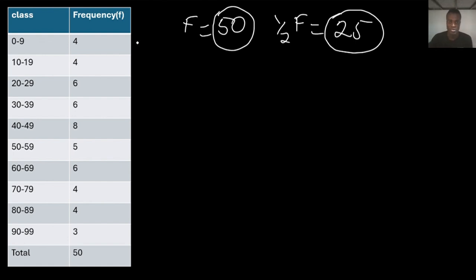So we enter the first one with 25, right? 25 minus 4 is 21, right? And then 21 minus 4 is going to give us what? 17. And then 17 minus 6, we are going to get 11. 11 minus the second 6, we are going to get 5, right?